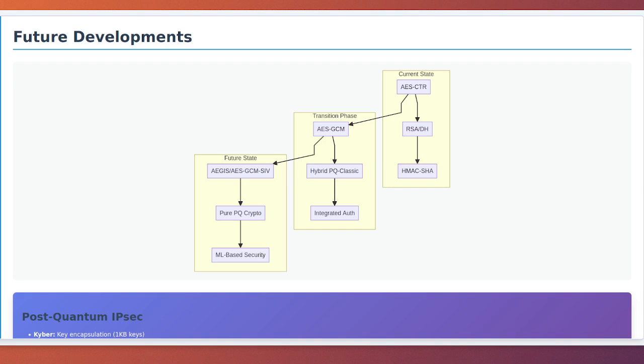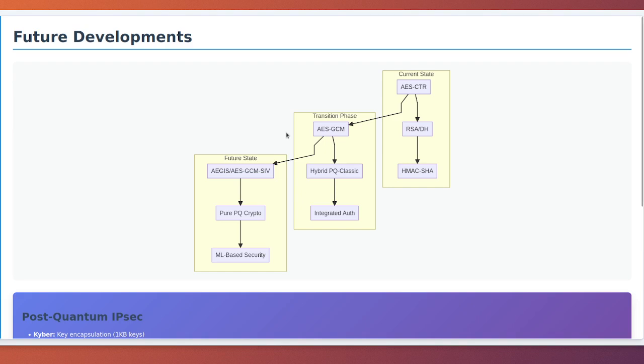in the coming years. Post-quantum cryptography represents the most significant upcoming change to IPsec. While AES-CTR itself is considered quantum-resistant with 256-bit keys, the Diffie-Hellman key exchanges used by IKE are vulnerable to quantum computers.